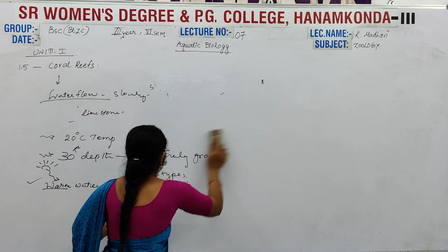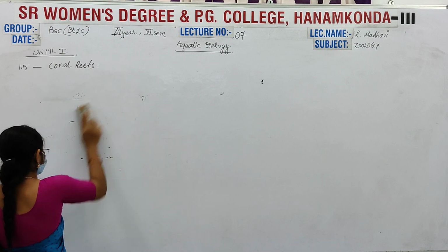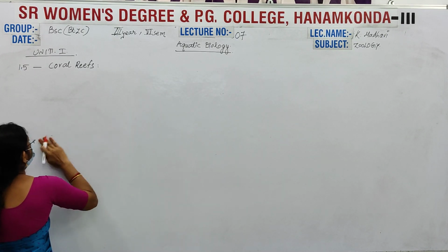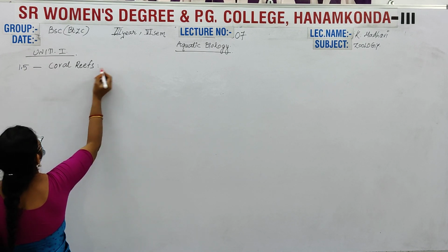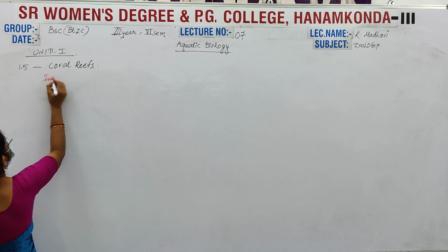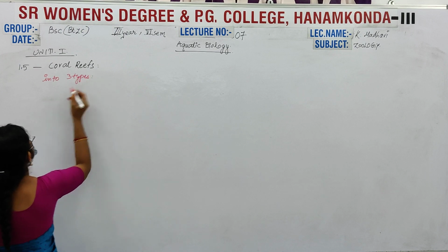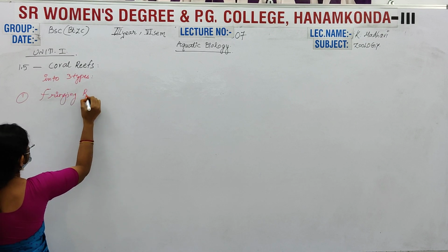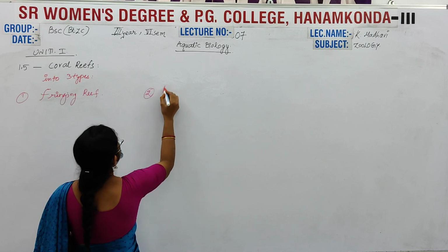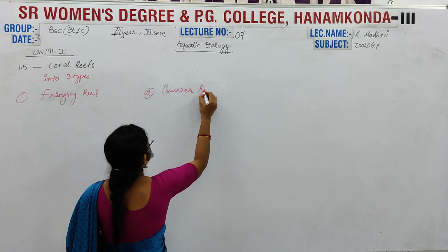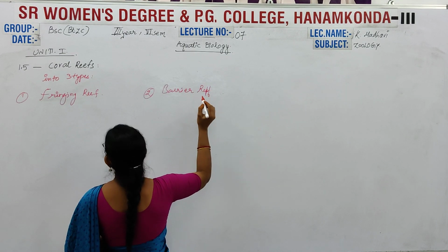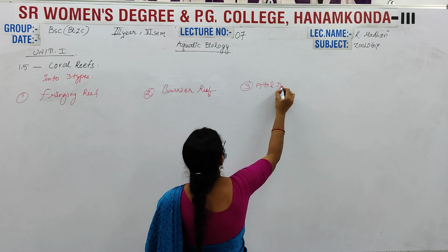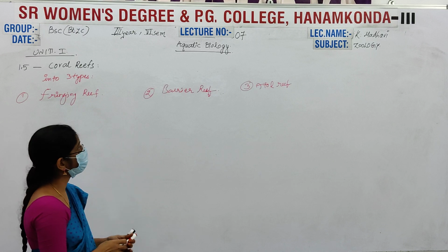The first one is fringing reef, the second one is barrier reef, and the third one is atoll reef. We mostly know about these three reefs.